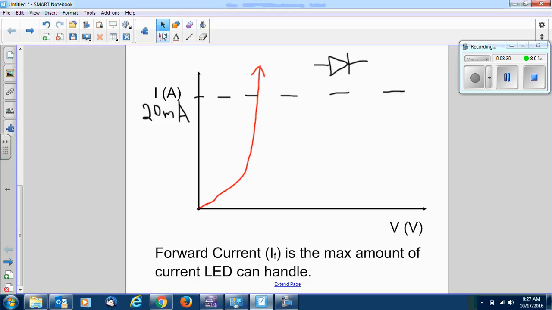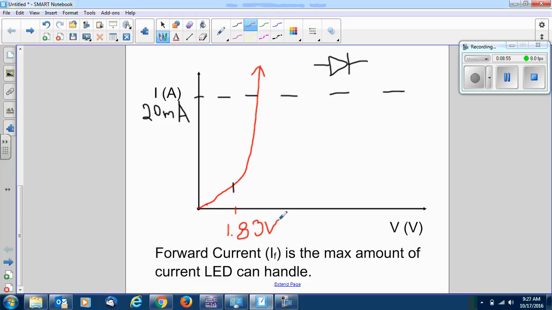But we also have another number that is almost as important. We have right here something called forward voltage. Forward voltage is the amount of voltage your LED must receive in order to light up. If it doesn't have that much, it's probably not going to light up, or it's not going to light up very well.